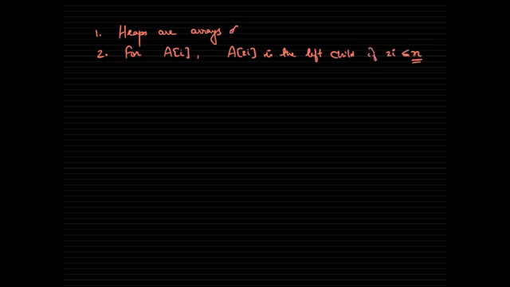Number two, for every A of i, A of 2i is the left child if 2i is less than or equal to n, where n is the size of the array.